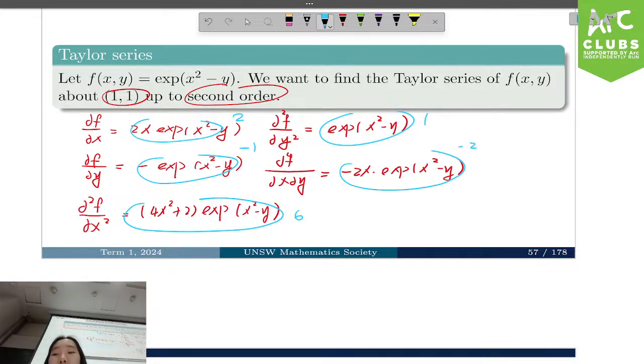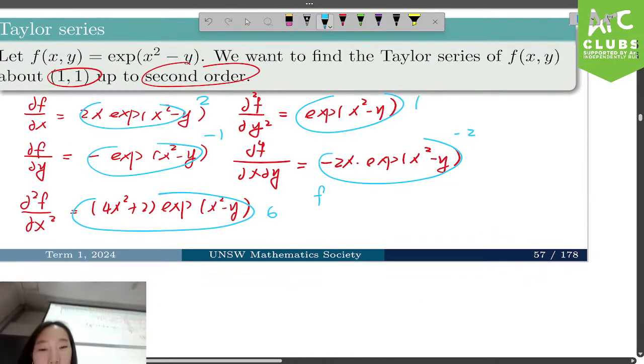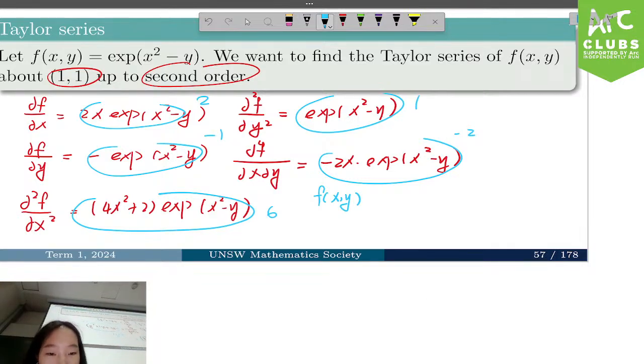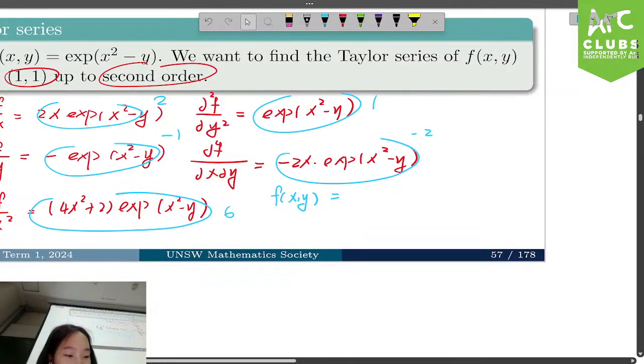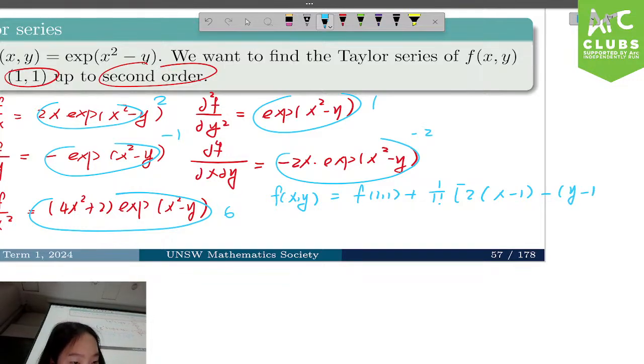After we get all the derivatives we want, then we just need to plug in the values. So our formula, recall, you can see it in the previous slides. Check the formula, our Taylor expansion. First, we plug in the value f(1,1). And then plus 1 over 1 factorial times 2(x − 1) minus (y − 1).